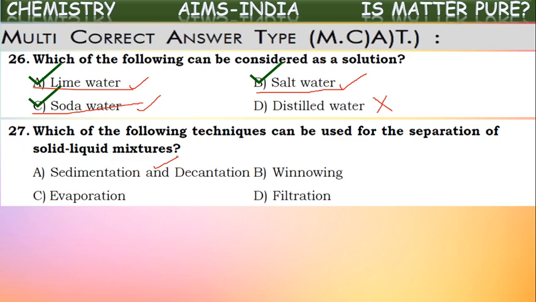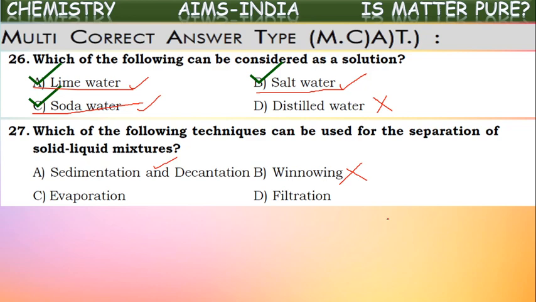Next one, winnowing. Generally, winnowing is used for separation of two solid substances, a mixture of solid substances. Out of them, one will be lighter in weight, the other will be heavy. So by winnowing, we separate solid mixtures, not solid liquid. What about evaporation? In evaporation, generally, we separate the soluble solid substance from a liquid.